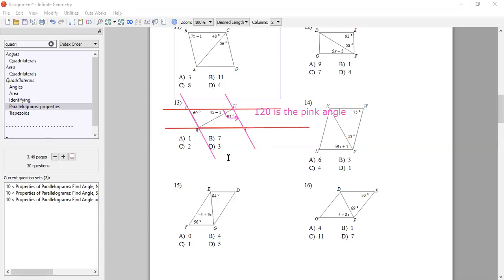Therefore, (4x minus 1) plus 93 equals 120 degrees. Now we have a basic algebra equation. We're going to subtract 93 from both sides.